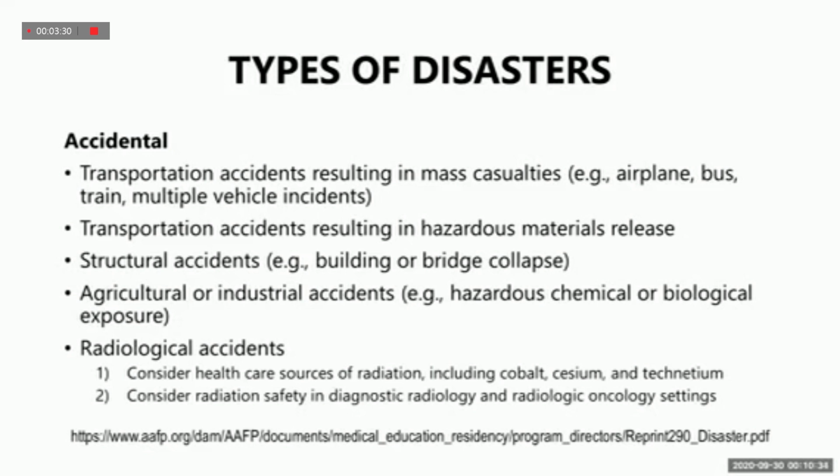Transportation accidents resulting in hazardous materials release. Structural accidents such as collapse of a building or a bridge. And agricultural or industrial accidents, let's say a hazardous chemical or a biological exposure, either in schools, in universities, or even in the workplaces. You also have radiological accidents.